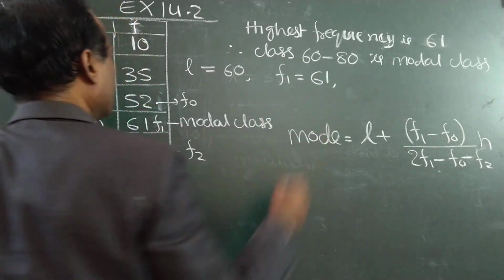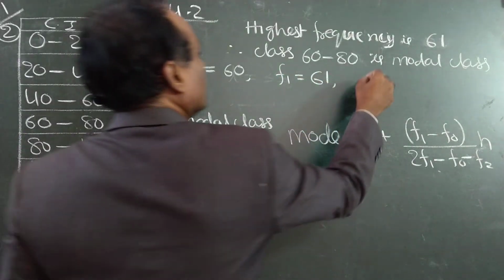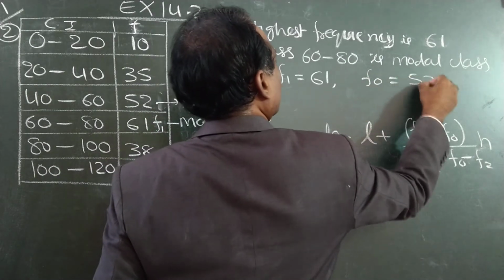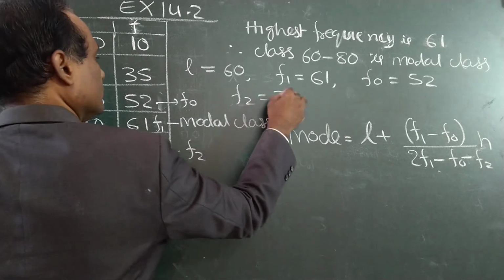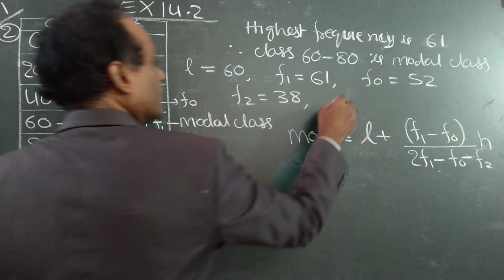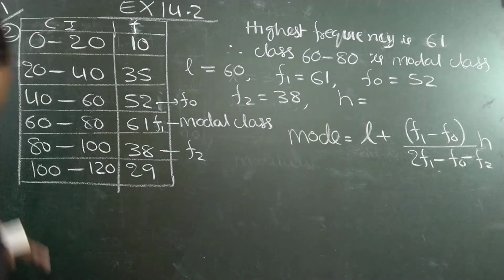F1 is 61. F0 is 52. F2 is 38. Size of the class is 20, 60 minus 40 is 20.